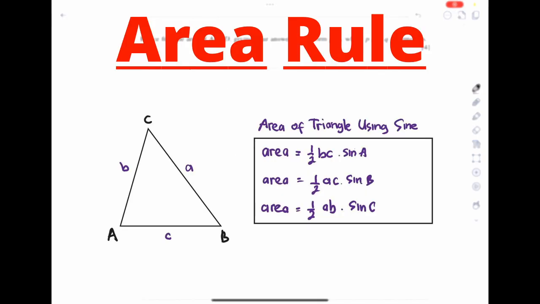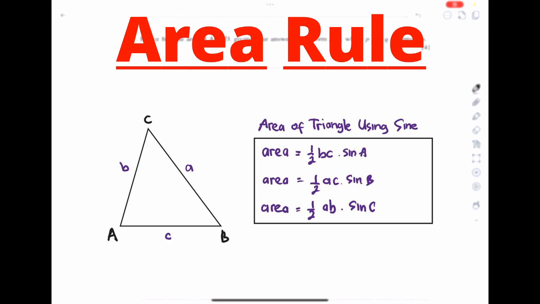The trick here is to remember the area rule that you would have been taught during GCSE. That is, you can calculate the area of any triangle by using the equation half times A times B times sine C.